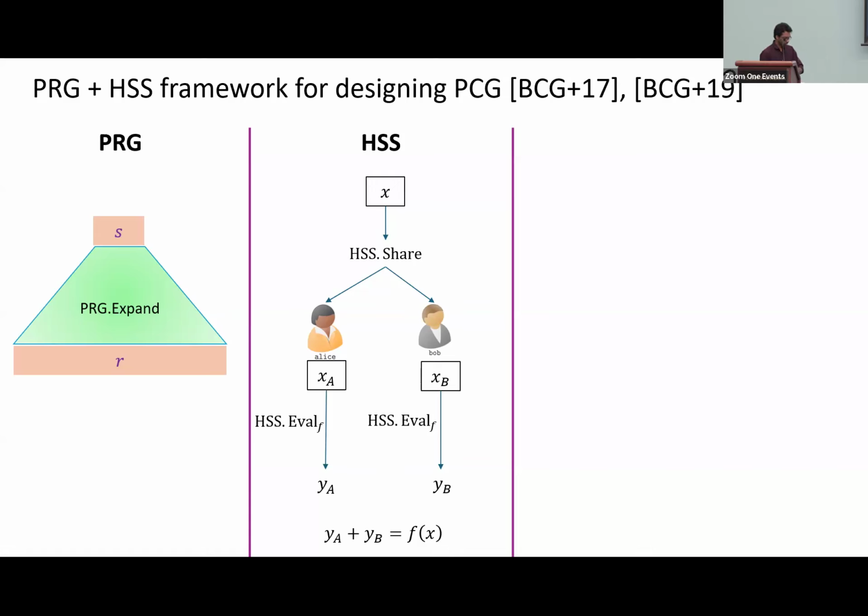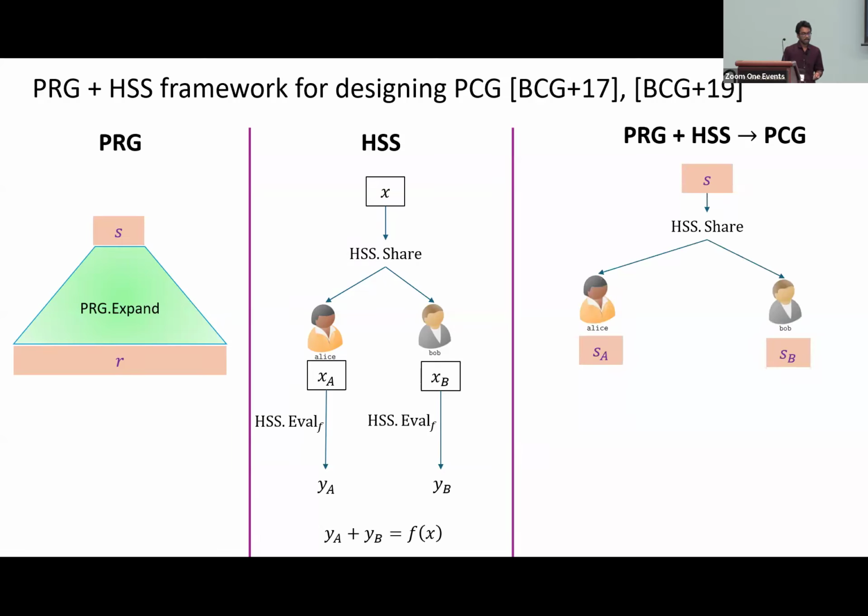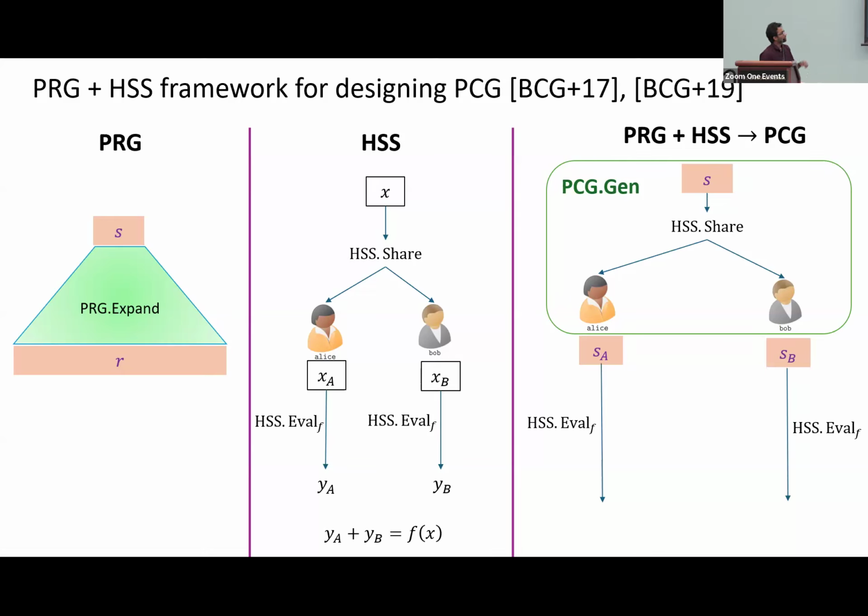Now, using these two objects, we can get a PCG in a straightforward way. The idea is simple. You take the PRG seed S and use the HSS share procedure to split the seed across the two or more parties, and this will be our PCG gen procedure. Now, the parties can take their splits of the seed and do an HSS eval procedure on a very specific function f.